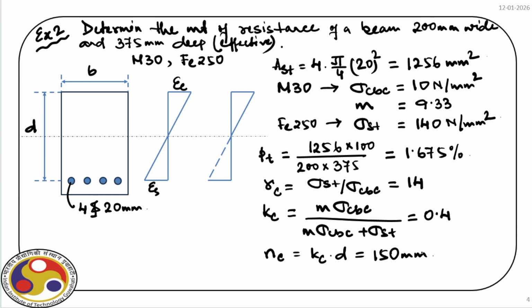Now, we have to find out the exact location of the neutral axis and check whether it falls within this balanced section or not, and accordingly we have to decide. So for that, let us first find out the location of the neutral axis.